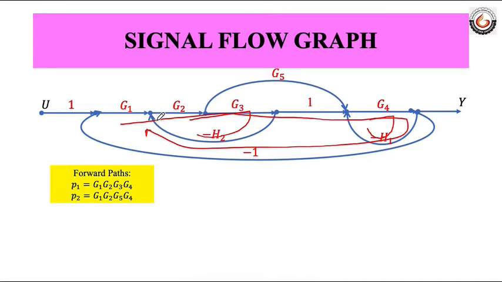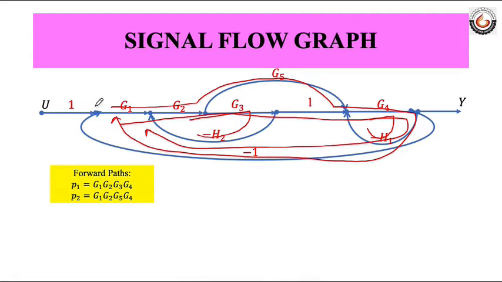And you should be careful that there is another loop with G1, G2, G5, G4, and then back with negative feedback. Generally people miss out this one, so we should be careful here.